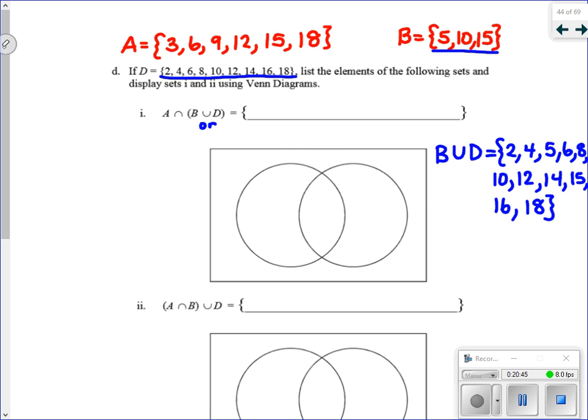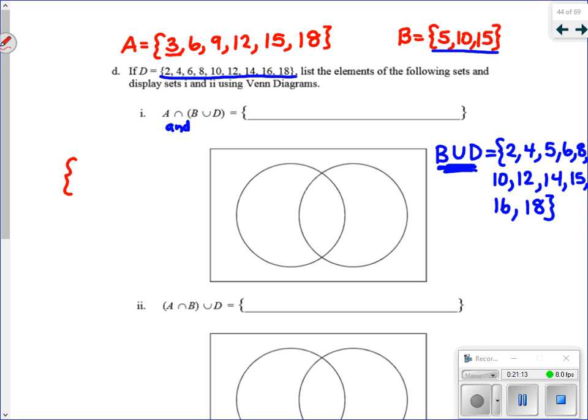Okay, now we need the intersection of A with this B union D. So it has to be in A and in B union D. Okay, well, let's check and see. A starts with 3. Is that in this one? No. Okay, so it's not 3.